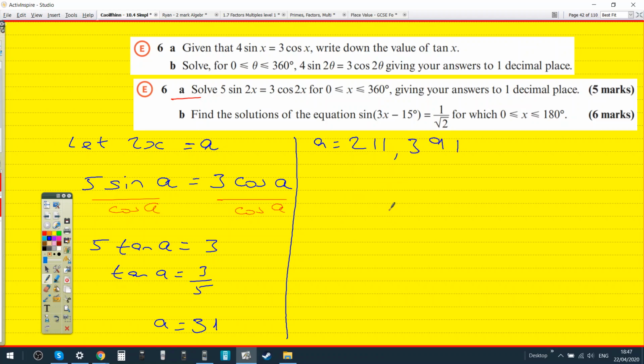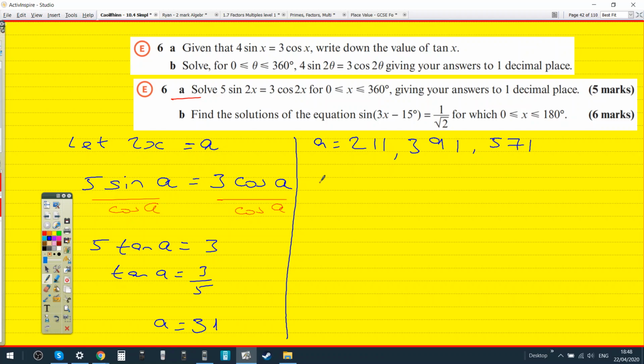And then add 180 again, which is 571. And if we add 180 again, then it goes outside the range. So how do you know it's outside the range? 360 times 2 is 720. Okay, just making sure. Go on.